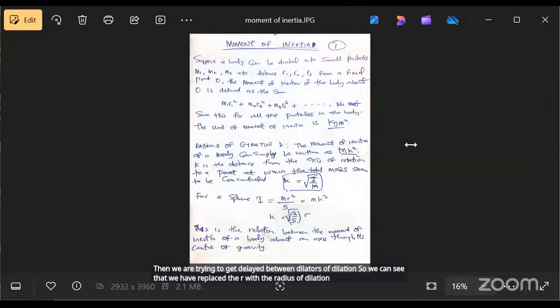Wherever you see R, you can now put K squared. That stands for radius of gyration. Then what is K? Radius of gyration is the distance from the axis of rotation to a point at which the total mass is seen to be concentrated.